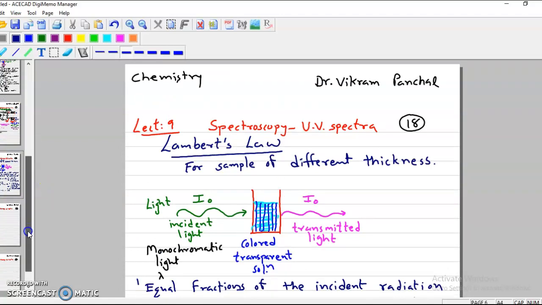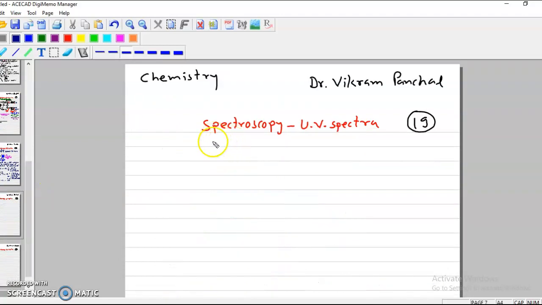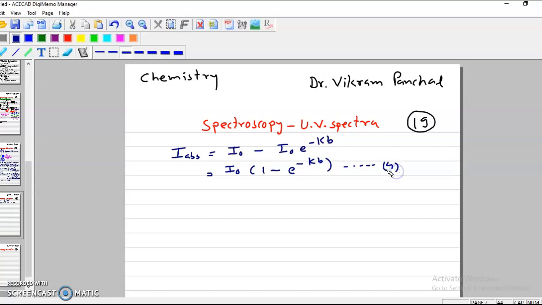Now I absorbed is equal to I0, substitute the value of I in this, so we write I0 minus I0 e raised to minus kb, or we can write I0 into 1 minus e raised to minus kb. This is equation number 4.